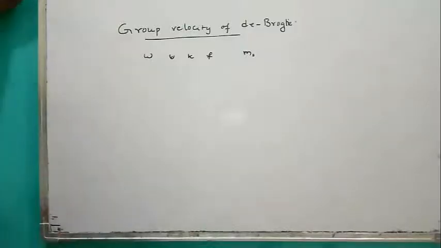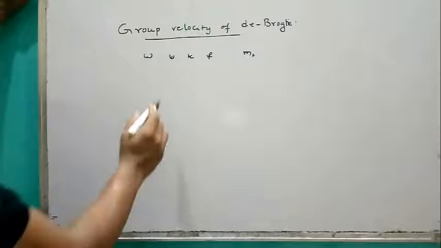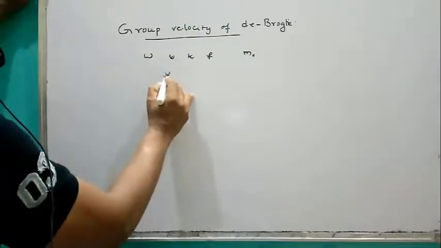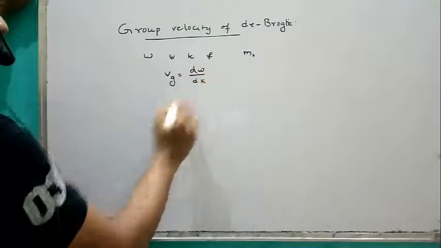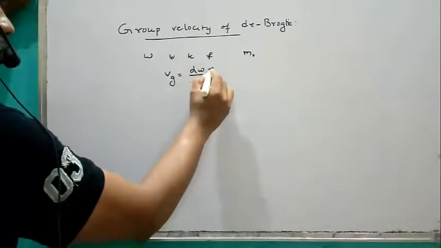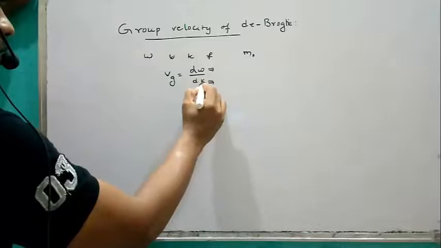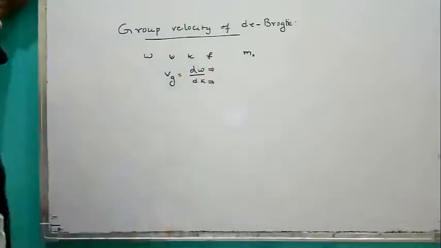Here we see the group velocity of the de Broglie wave. Already we discussed the phase velocity of the de Broglie wave. So group velocity is equal to d omega by dk. So let us find the d omega value and the dk value.